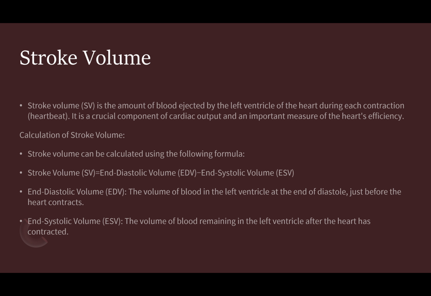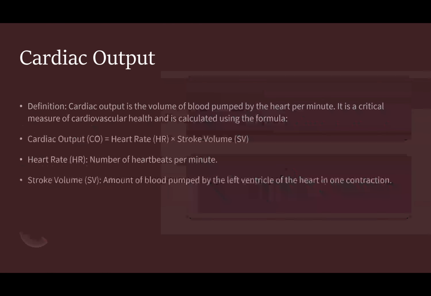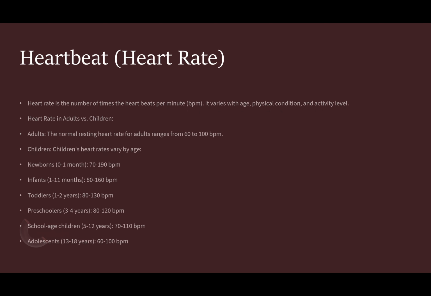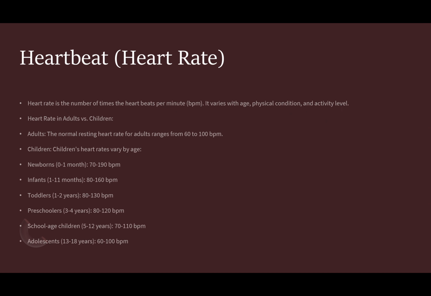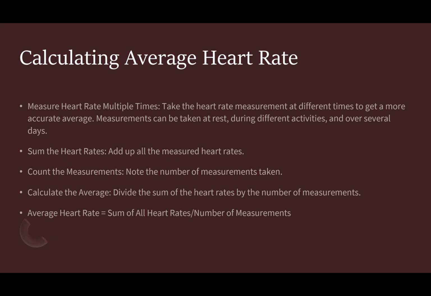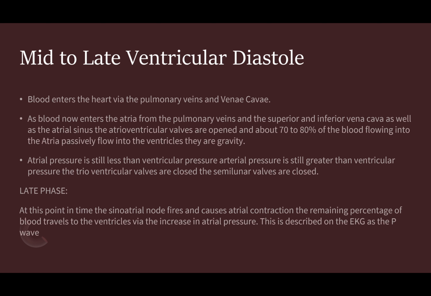So that's why we subtract that remaining blood to know how much blood left. Make sense? So that's how we get cardiac output: heart rate times stroke volume. Stroke volume is end diastolic volume minus the end systolic volume. Heart rate is the sum of all heart rates divided by the number of measurements that you took.